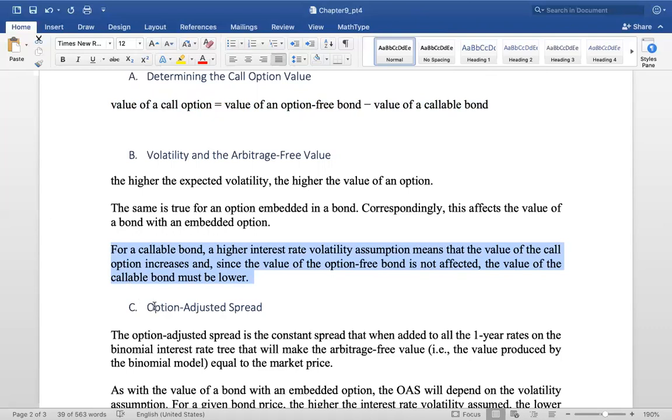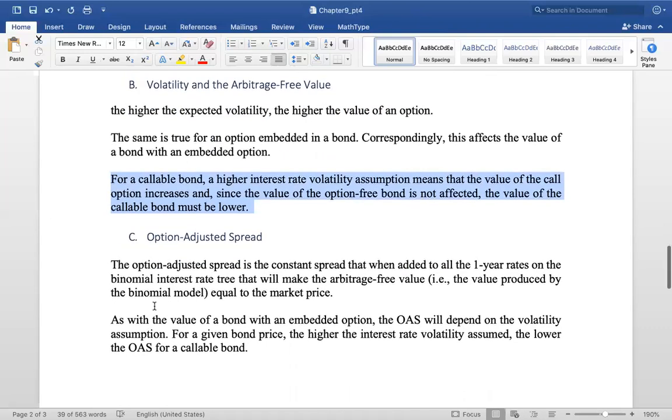Now let's talk about the option adjusted spread. Remember we talked about option adjusted spread. Suppose the market price for the bond we are talking about is 102.218, the callable bond, 6.5% 4-year callable bond. And the theoretical value we calculated assuming 10% volatility is 102.899.